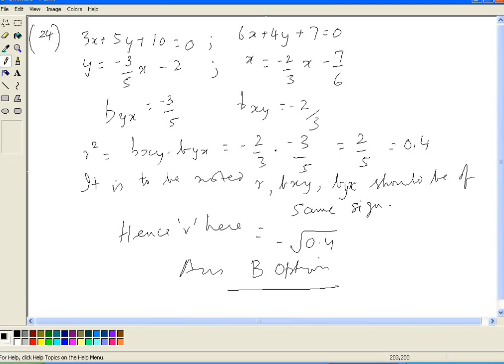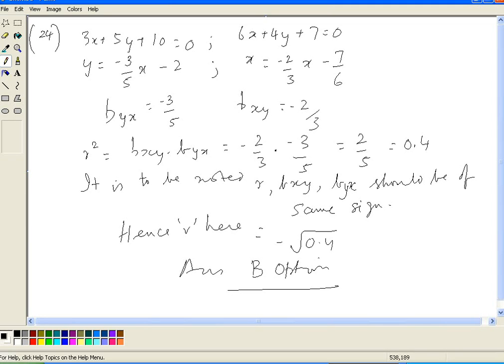Okay, so we take y here equal to minus 3 by 5x minus 2 and we get byx, that is called the regression coefficient of y on x, equal to minus 3 by 5.